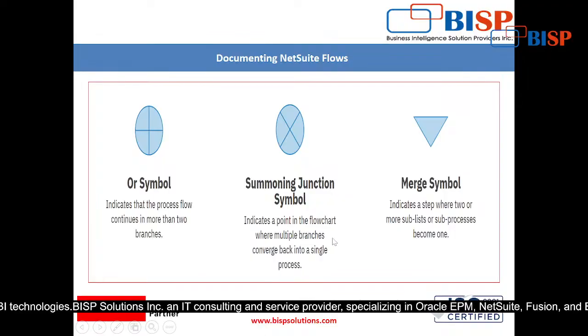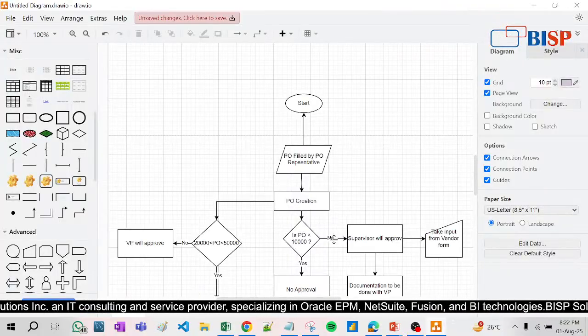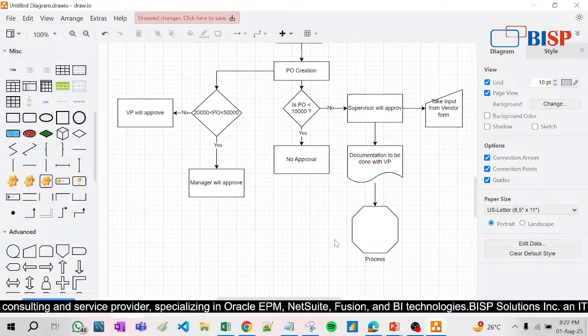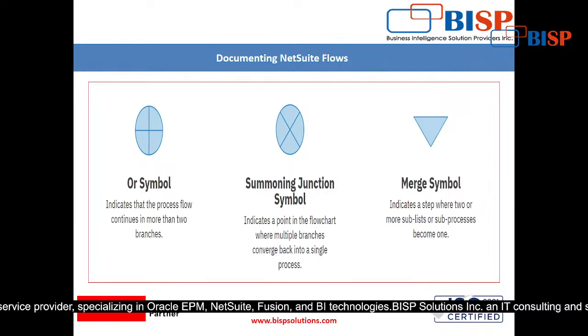The summoning junction symbol indicates a point in the flowchart where multiple branches converge back into a single process. When multiple processes come into a single one, for example, let's take an example where packing is also going on in the same way, and the packaging and the documentation both work at the same time, and they come to a point where the item is shipped and at the same time the document is to be submitted to the person.